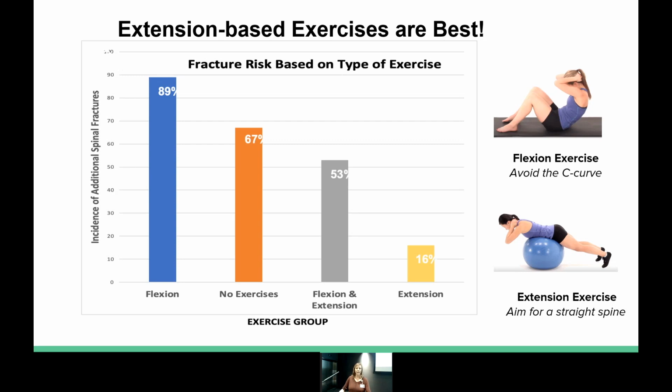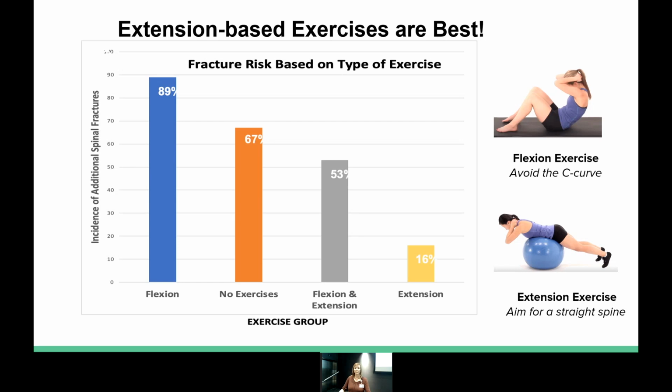So to generalize, these exercises had people move the trunk in a backwards direction from a slightly forward position to a neutral spine or straight position. The third group, the gray bar, used a combination of flexion and extension exercises. And the fourth group, shown by the orange bar, they were the control group. They didn't do any exercise at all.